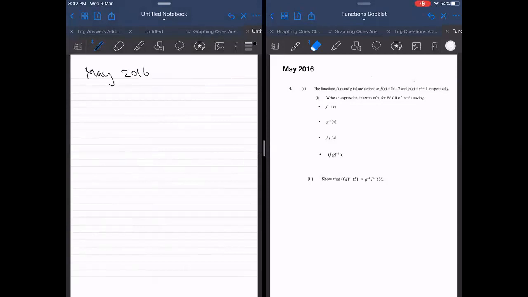So for 2016, F inverse is straightforward. G inverse: G of X is equal to X squared plus 1.